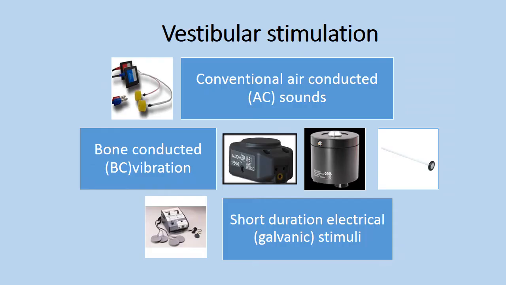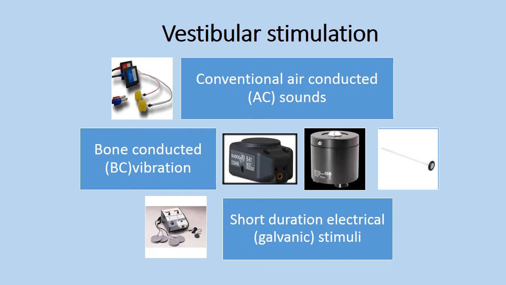To generate the VEMP response, the stimulations that can be used are air-conducted sounds, bone-conducted vibrations, as well as galvanic stimulation. The bone-conducted vibration used can be the B71 or the newer bone oscillator, the B81, and mini-shaker.